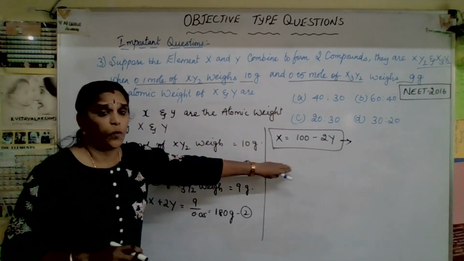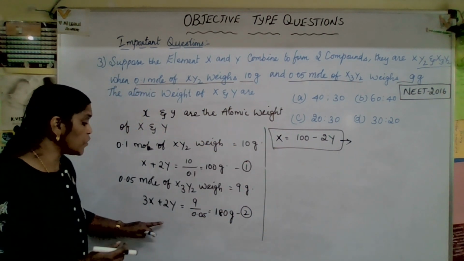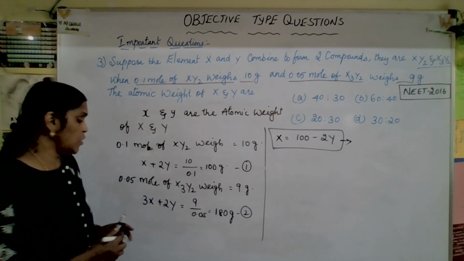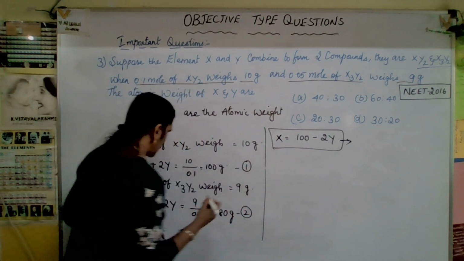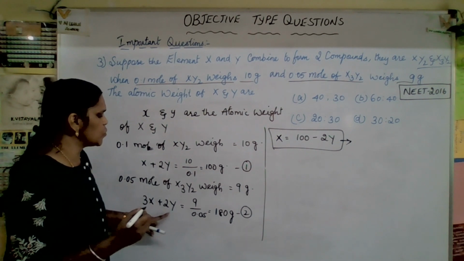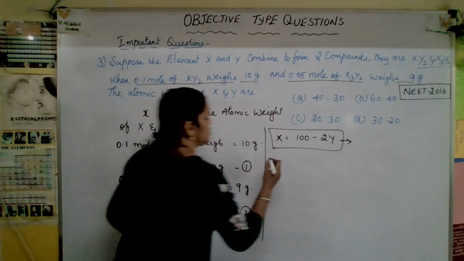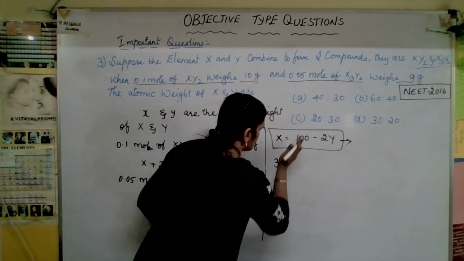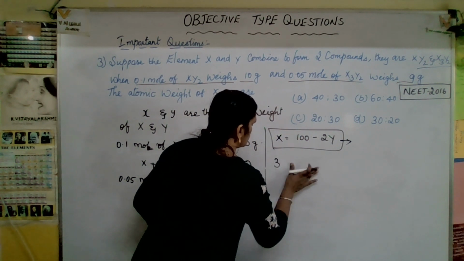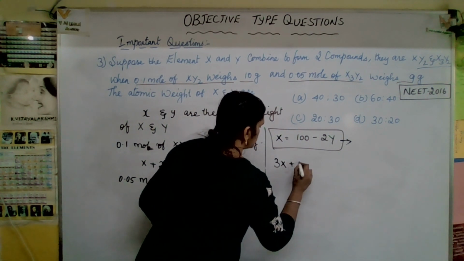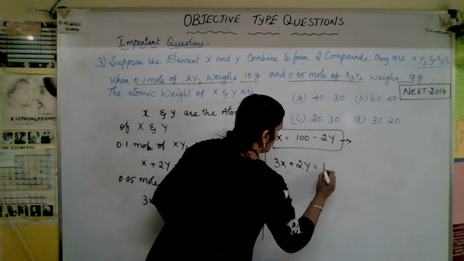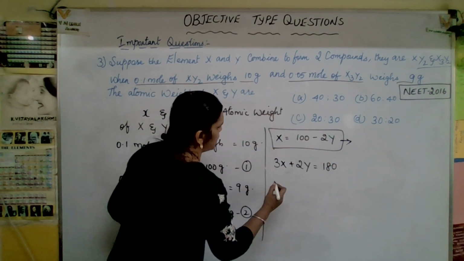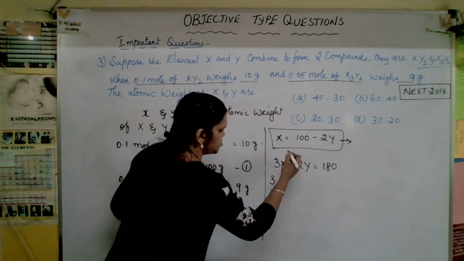So this equation you can substitute in the second equation. So how to apply that second equation? 3x plus 2y equal to 180. So you just apply that, substitute this value.